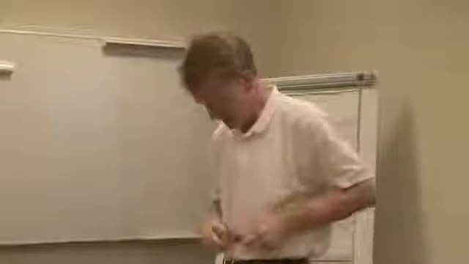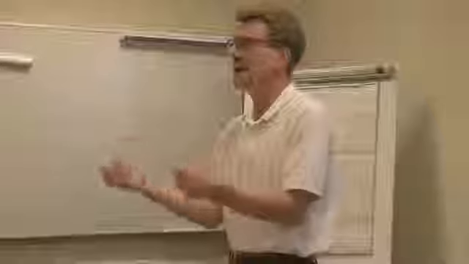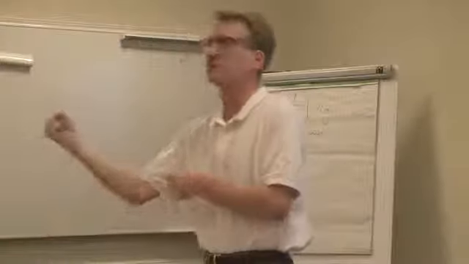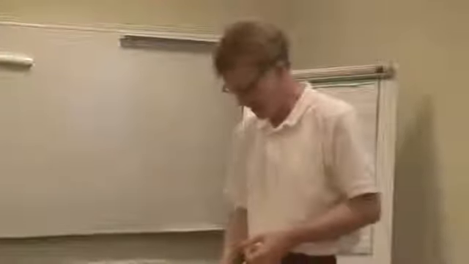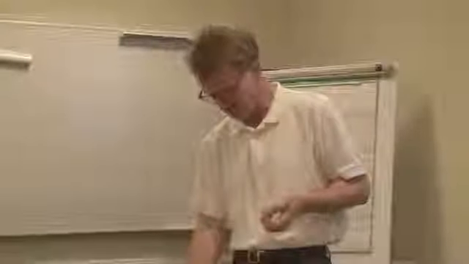And I'll use an example in just a few moments where I'll illustrate how we can extend those URNs to cite not only images as discrete artifacts, but to extend that notation to cite regions of interest in an image. And that has allowed us to tie together things like textual editions, appearances of textual material in documentary photographs, and so forth.